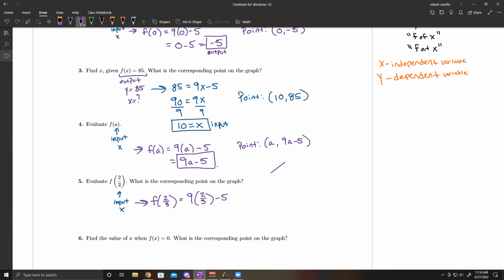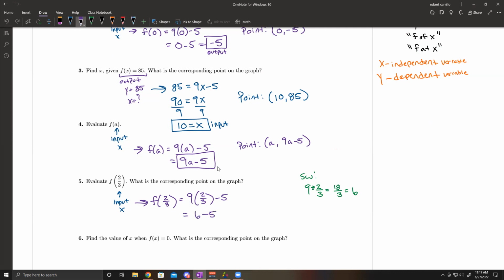Okay, 9 times 2/3. We could do a little side work if you want, right? Side work, 9 times 2/3. This one you can cross cancel or multiply straight across. Either way, you'll get the same answer. Here looks maybe easier just to multiply straight across. So this will give us 18 over 3, which is 6. So 9 times 2/3 becomes 6.